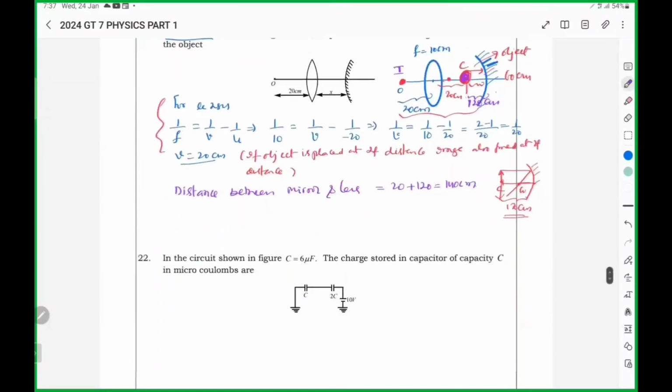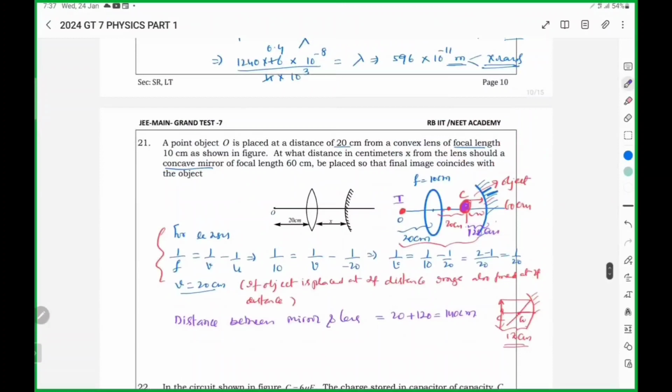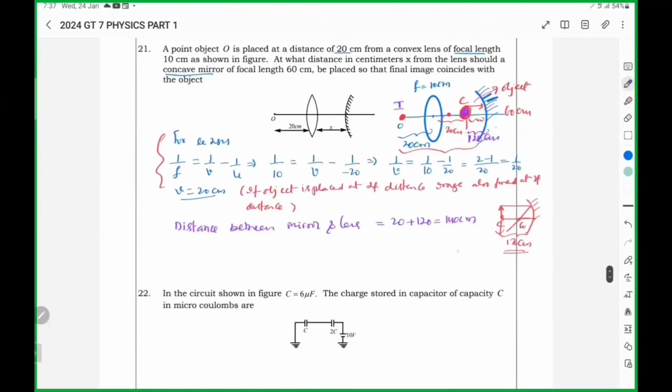So the other possibility is, so this is the lens. Here you have a mirror, right? A concave mirror.